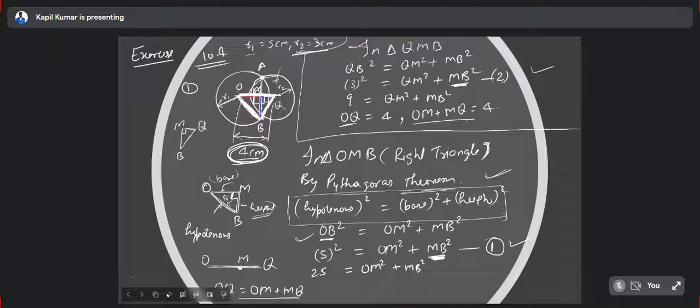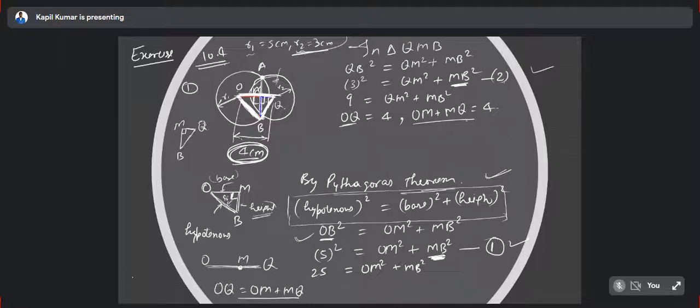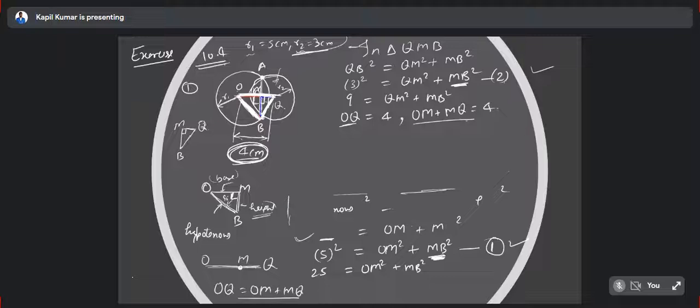Let me erase some of the matter. Okay, so now we have three equations.